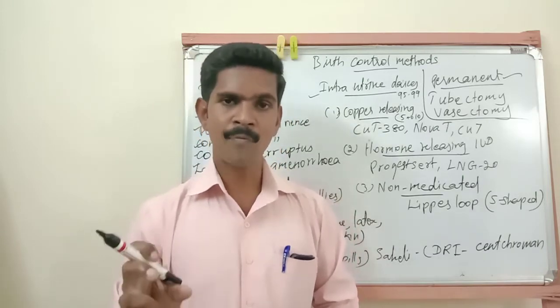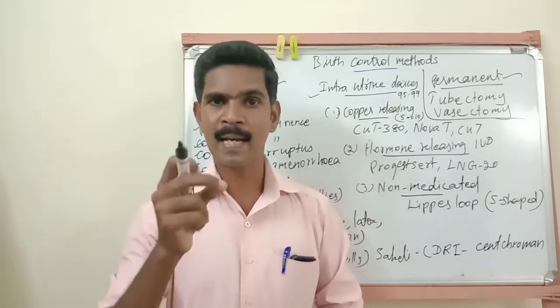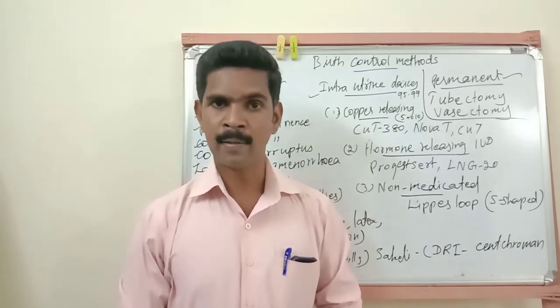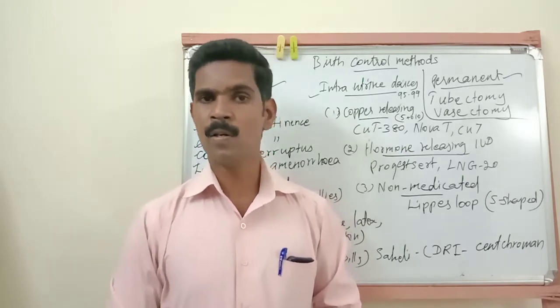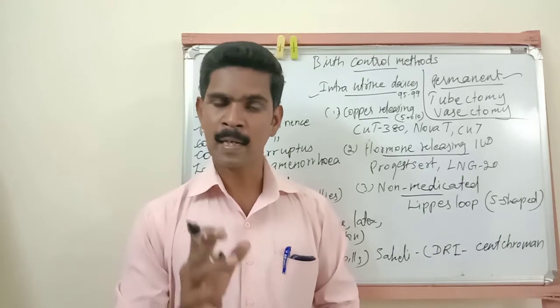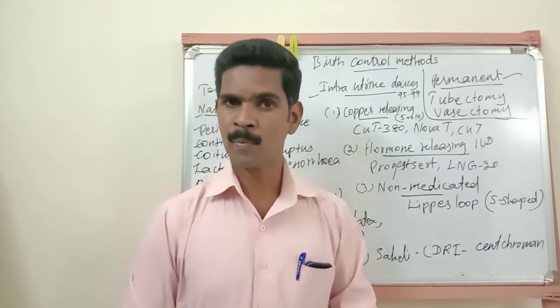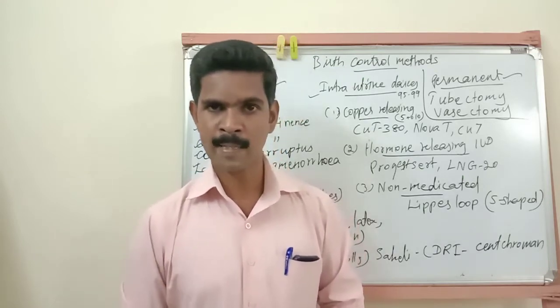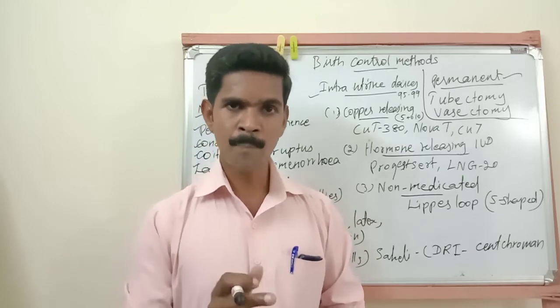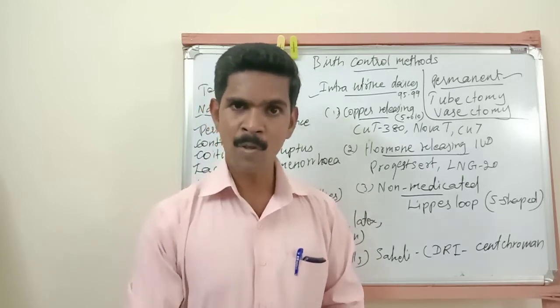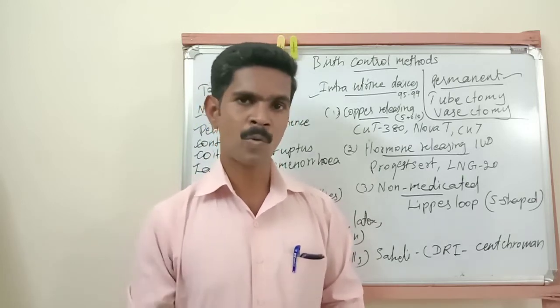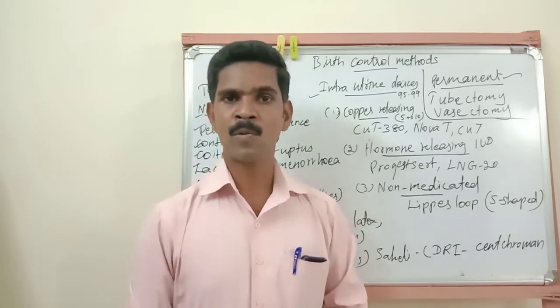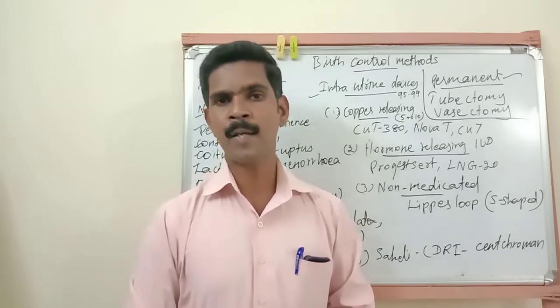So this hormone's amount is reduced, and the gonadotrophin hormones also reduce. Gonadotrophin examples are LH and FSH, follicle stimulating hormone and luteinizing hormone. The levels of these two hormones are reduced in the blood of the mother.